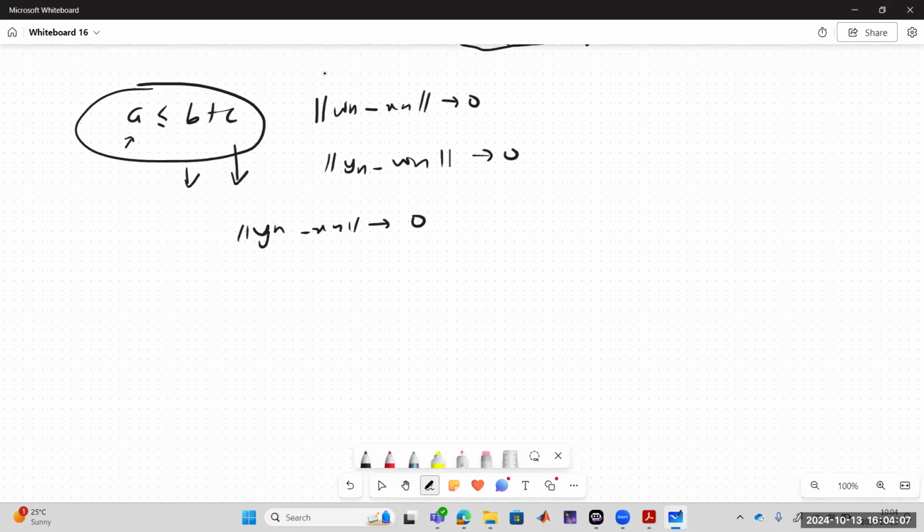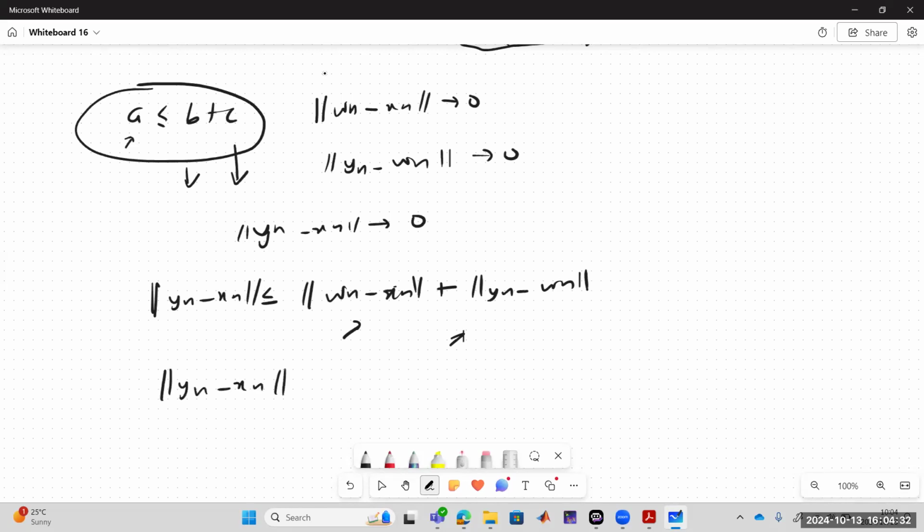This is what you have. Now, you can use the triangular inequality to say Yn minus Xn is less than or equal to Wn minus Xn plus Yn minus Wn. So now, since each goes to 0, it implies this one will also go to 0.